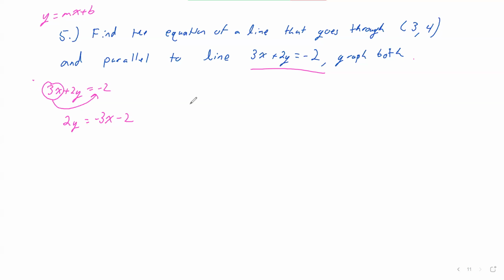So what's the second and last step? Good. Divide by the number next to the y. So I'm going to divide every term by 2. So that's just perfect.